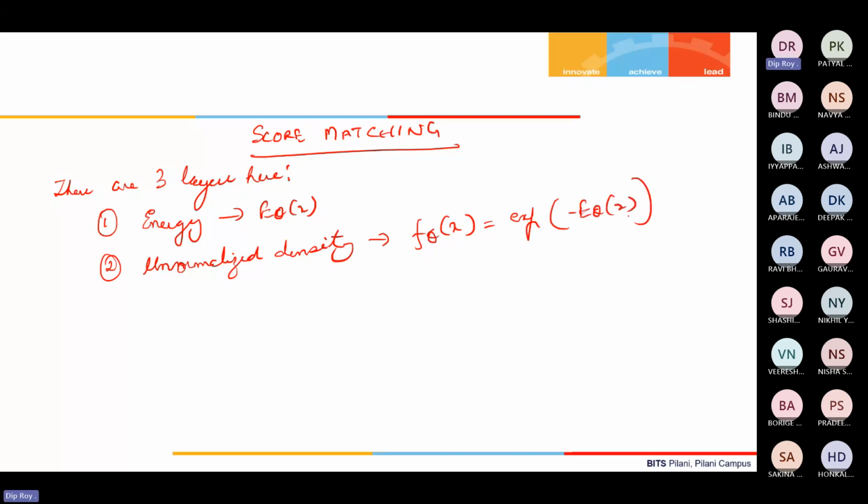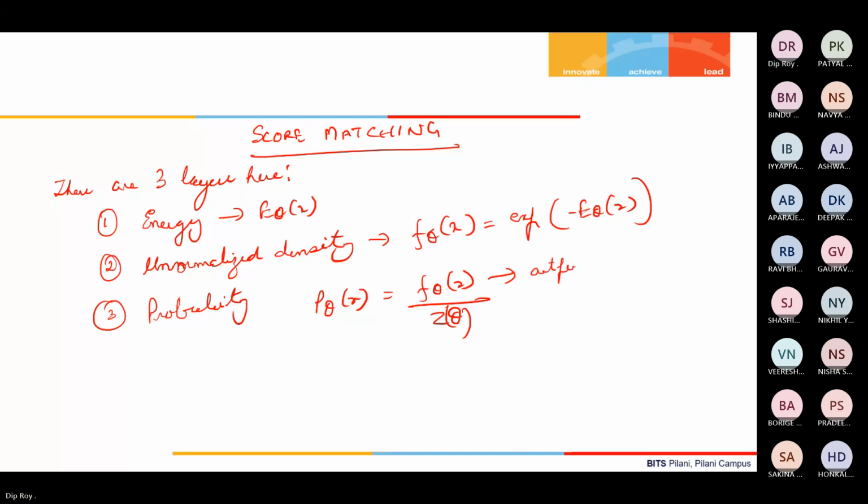And the third layer is your actual, normalized probability, which is given by p theta x equal to f theta x divided by Z theta. Nothing to get confused about. Instead of writing this exponential form, we have just written it in a compressed form, which represents the output of the neural network. f theta x is nothing but the output of the neural network.